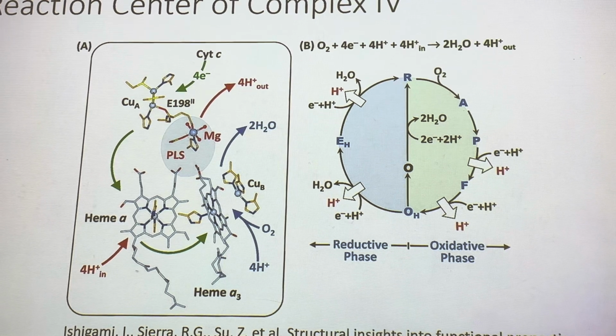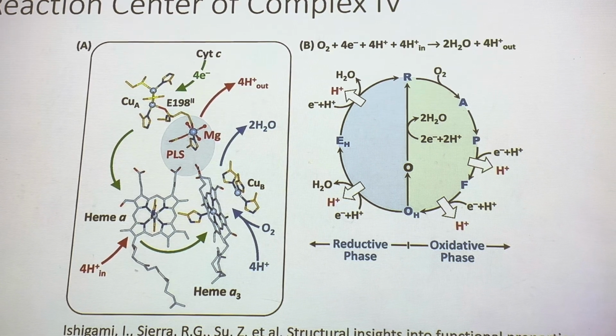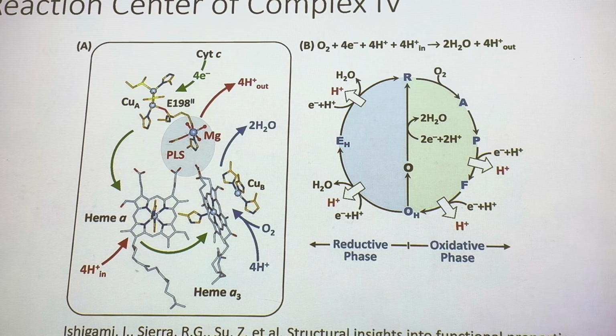I should also mention that oxygen makes a great terminal electron acceptor, but there are alternative terminal electron acceptors, and there are alternative electron transport chains in different microbes. Microbes are pretty fantastic.